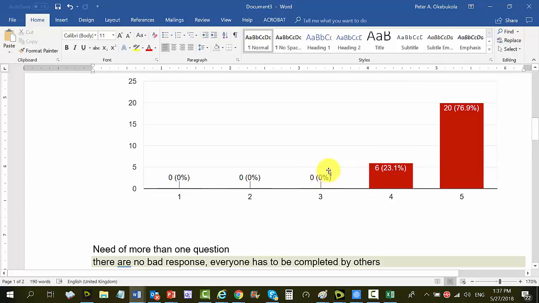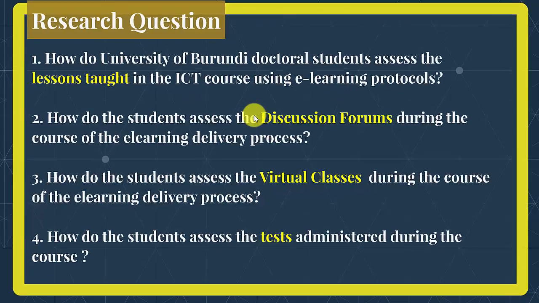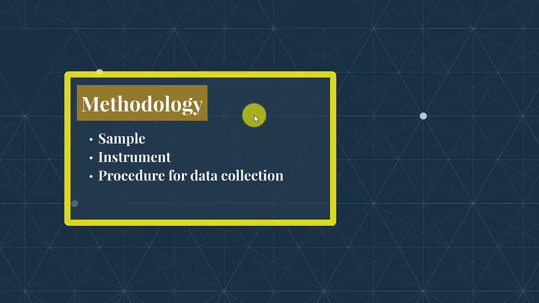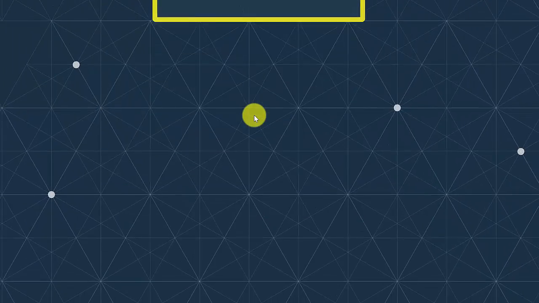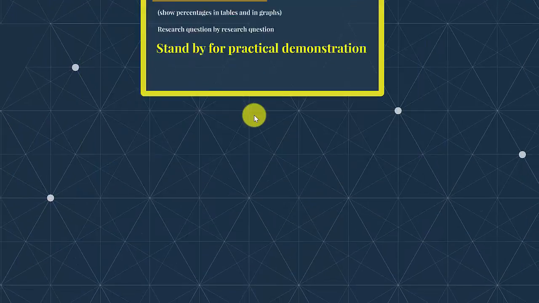Something like that. So that's how you're going to do research question number one, and you go all the way through to the others. So you're going to do it research question by research question. Let me go to where I was. Yeah, that's it. You take it research question by research question, and you answer the thing.